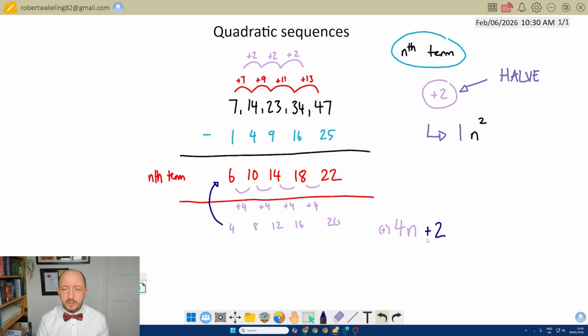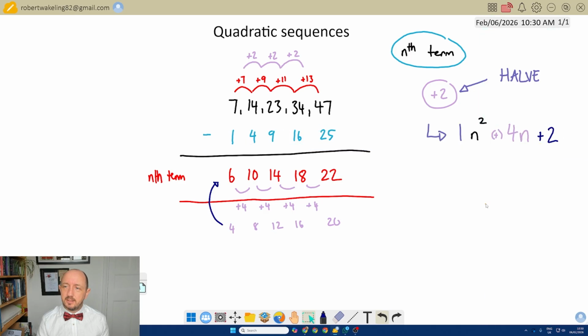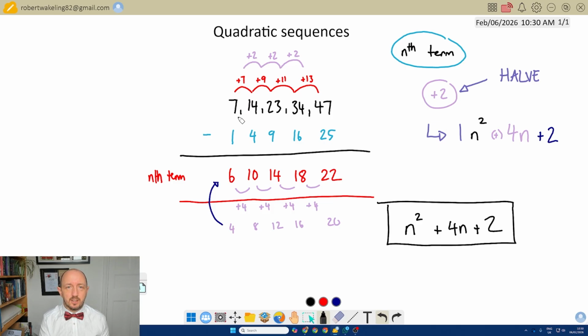And then all we do is combine these to get our final quadratic sequence. N squared, plus 4n and plus 2 should be our sequence that we started with all the way back here.